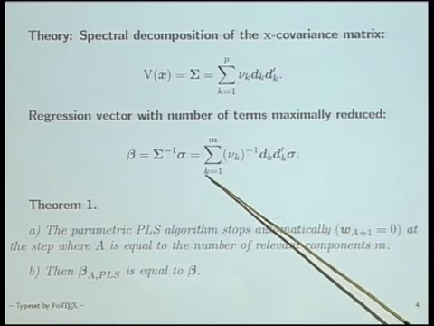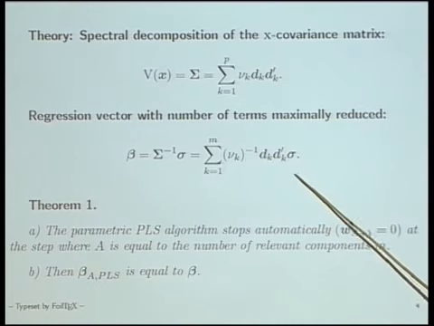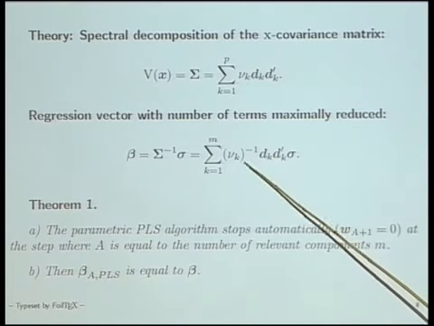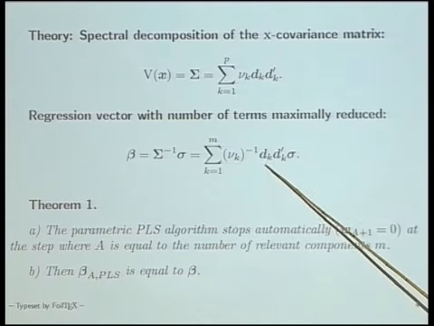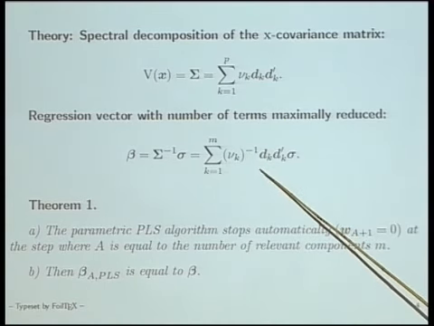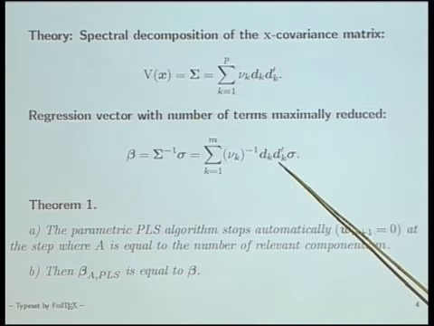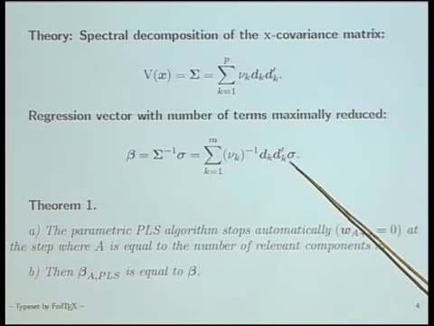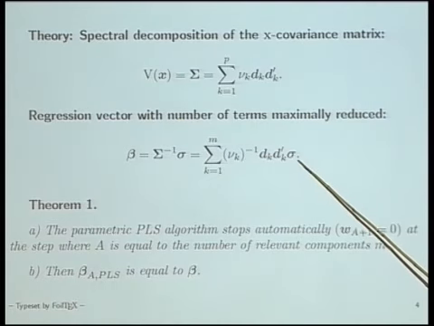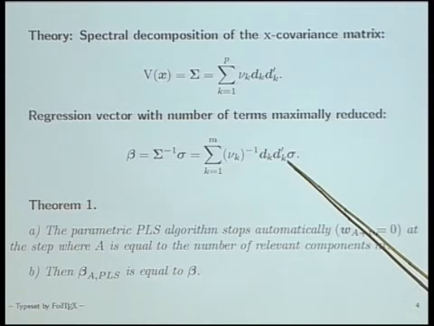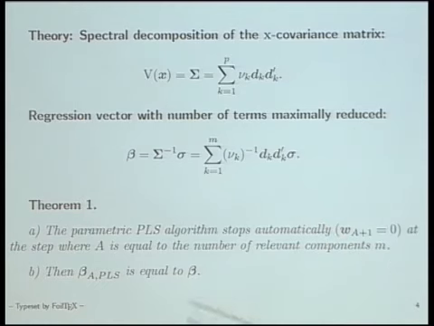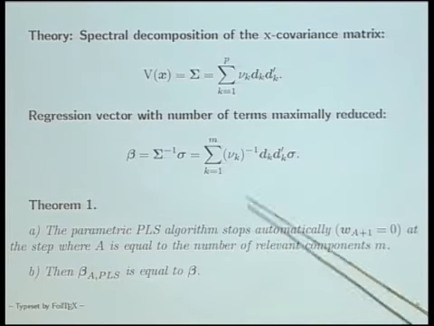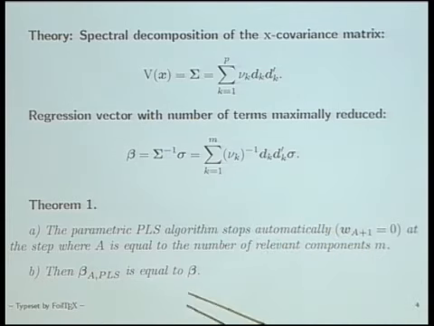This number of terms can be shortened in two ways. When you have coinciding eigenvalues, it's enough to take one eigenvector for these coinciding eigenvalues. And also when some of these d transpose sigma are 0, they can be deleted. So you can imagine that we have a sparsity here, not in betas, but in principal components. And this sparsity is connected to the PLS algorithm.